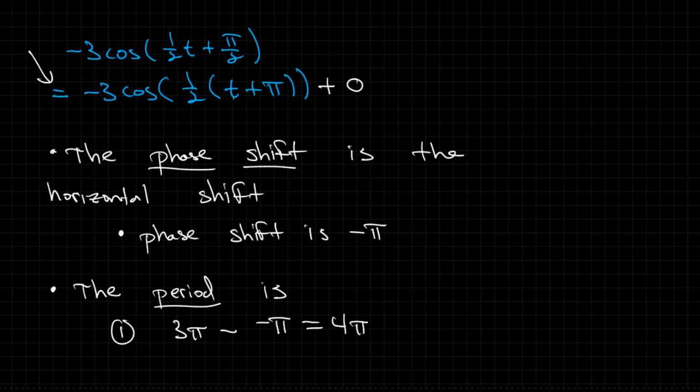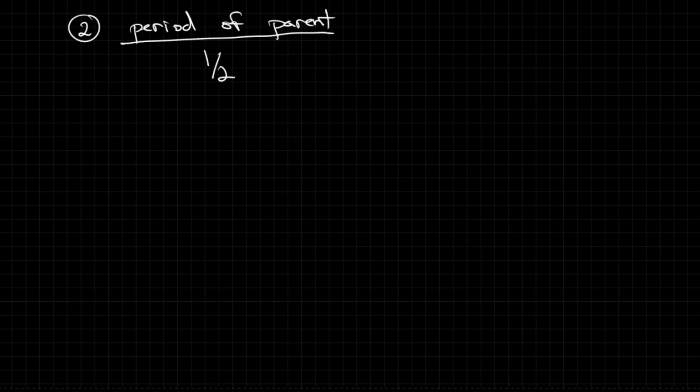And that is, you take the old period, that is, the period of the parent function, and you divide it by whatever number is multiplying right here. So this is 1/2, so we'll divide by 1/2.